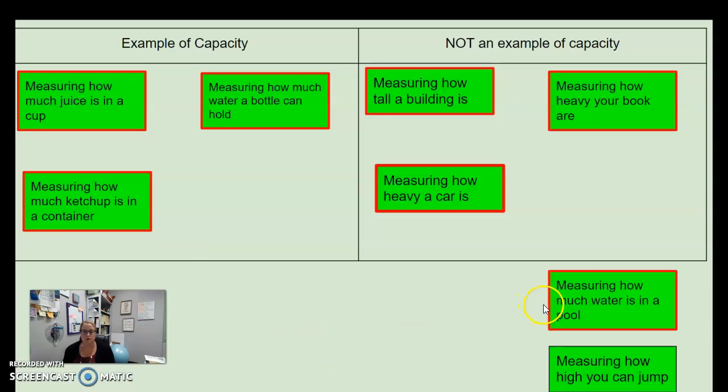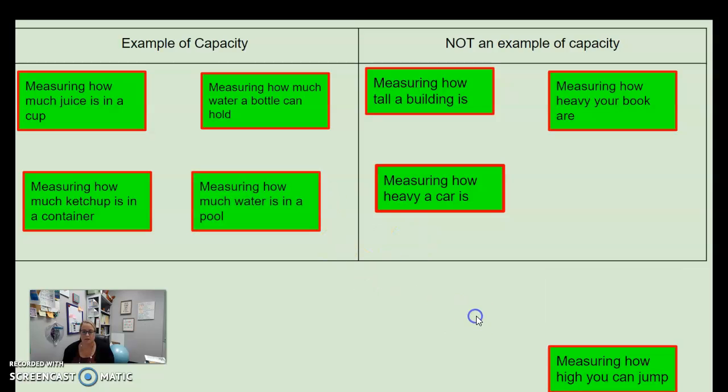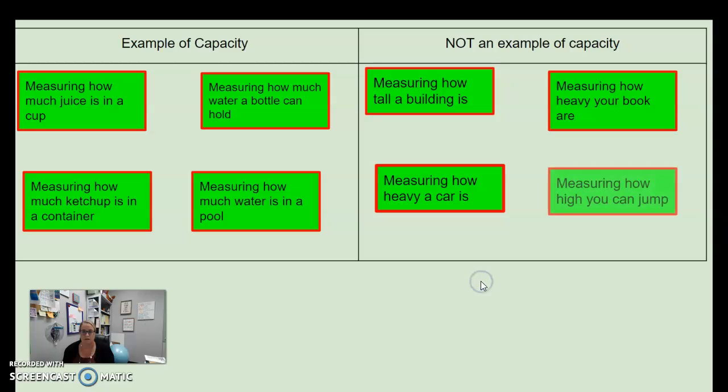How much water is in a pool? If I'm measuring how much water is in a pool, is that capacity or not capacity? That's right, it's an example of capacity. And our final one, measuring how high you can jump. If I want to know how high I can jump, is that capacity or not capacity? That's right, it's not capacity.